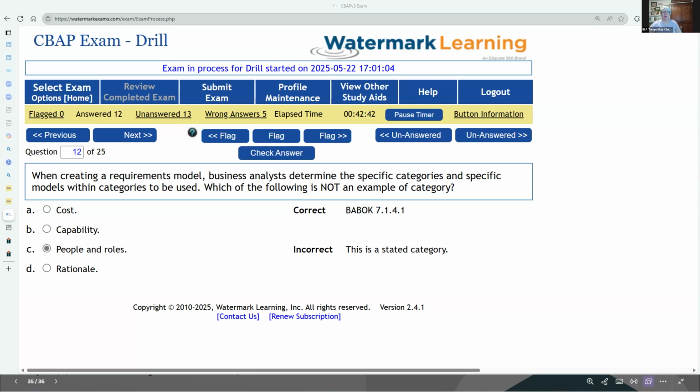Okay. So capability, people and roles, and rationale. Let me find where rationale is. Let's see if there's anything else. I don't know if this makes sense, but looking at those three answers, I think of the who, what, and why. Instead, cost wouldn't be part of that.